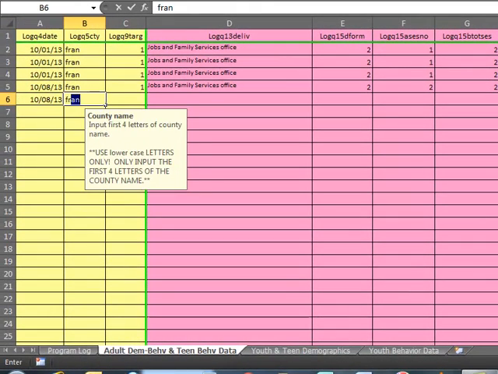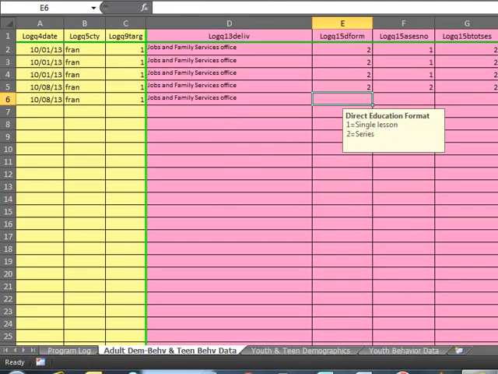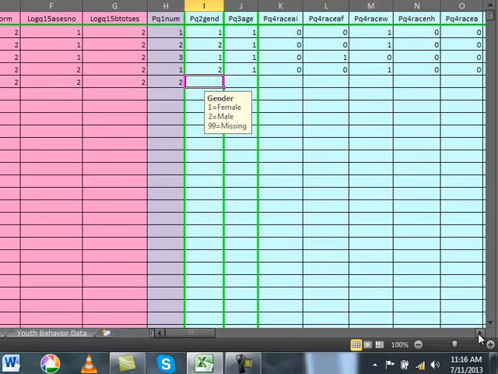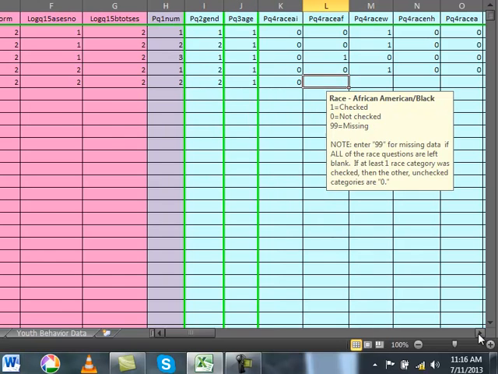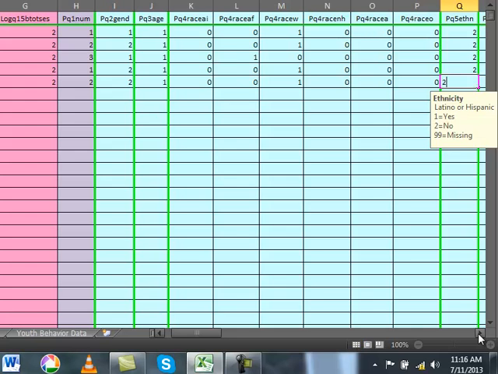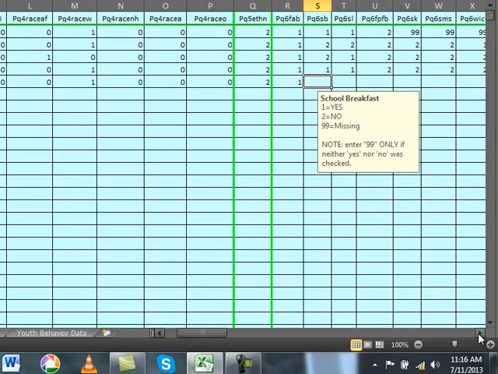And again, for any areas on the participant form that were left blank, you're going to enter 99. So my second participant indicated that they are male, age 18 to 59, of white race, non-Hispanic ethnicity, who uses food assistance benefits and WIC.